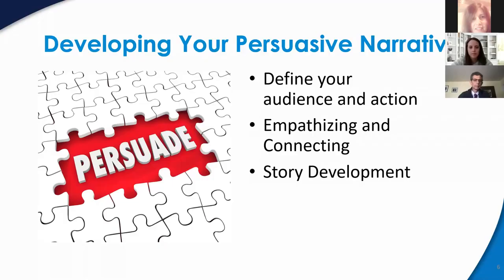And then finally, once you understand that, you go into your story development, which is much more of an art than it is a science. And again, as dentists and physicians, you have these stories. It's a matter of thinking about these stories and how we bring them all forward. Okay.